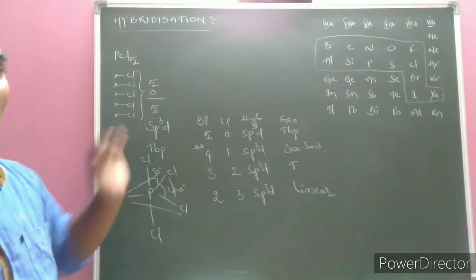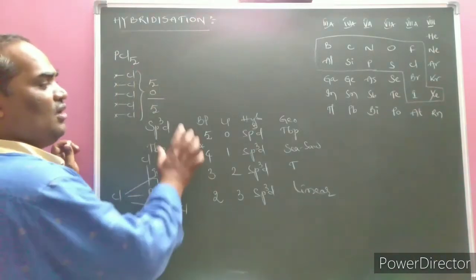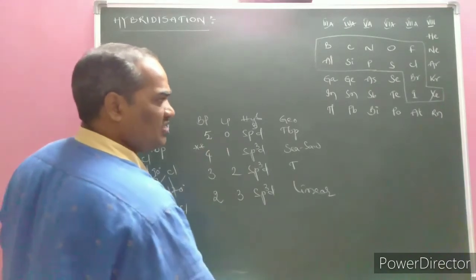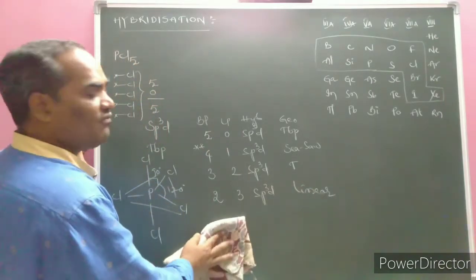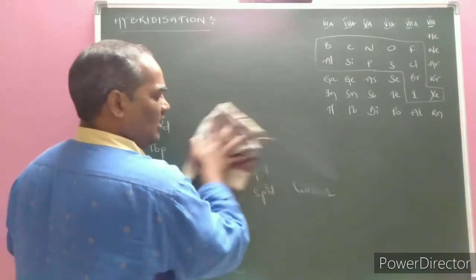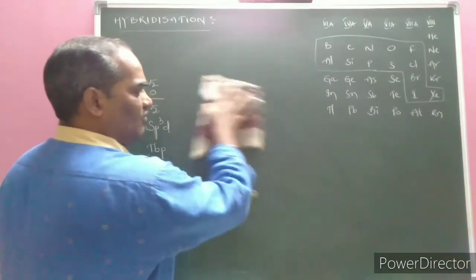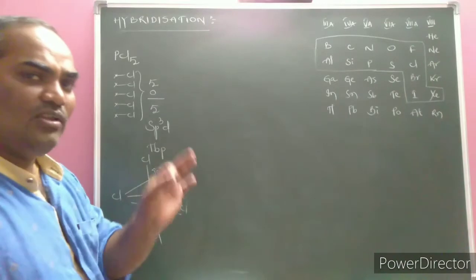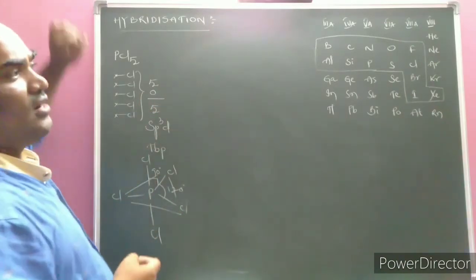That is the required parameter for sp3d hybridization based on the number of lone pairs as well as the bond pairs of electrons. Only when all the bond pairs of electrons are present, in that case only can we exactly determine the bond angle.